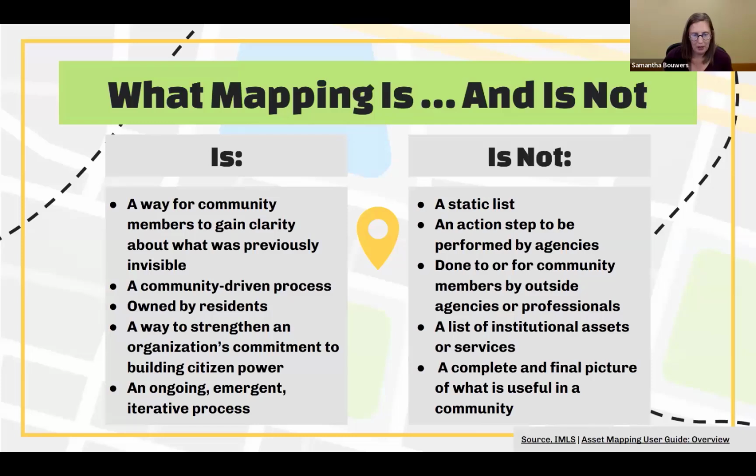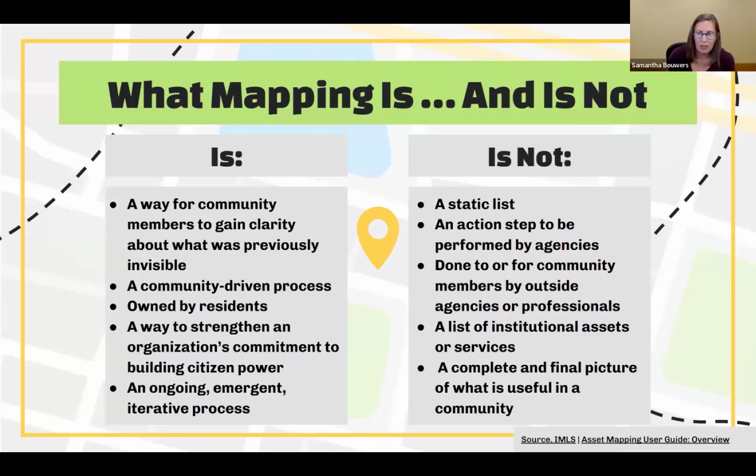And it's not meant to be done only by some sort of giant agency. As I've said, this is meant to be done with community members, not just by outside agencies or professionals. It's also not just a list of institutional assets. If you stop at the businesses, institutions and groups in your town, I think you're going to feel like your map is pretty small, especially in a smaller rural area.